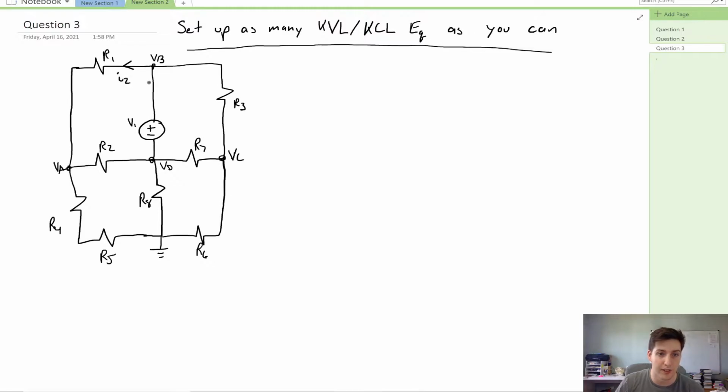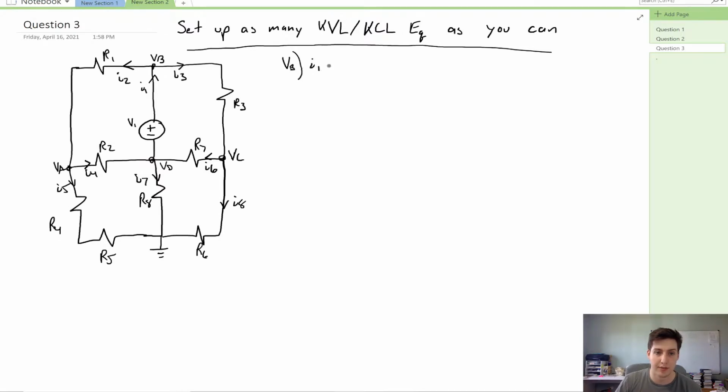So we'll call this current I2, this one I1, this one I3, this one I4, this one I5, this one I6, this one I7, and this one I8.